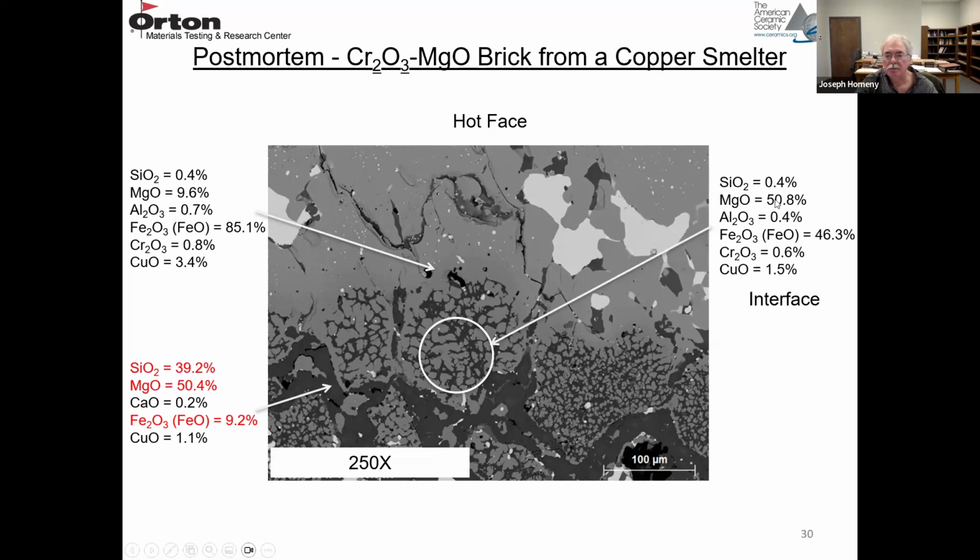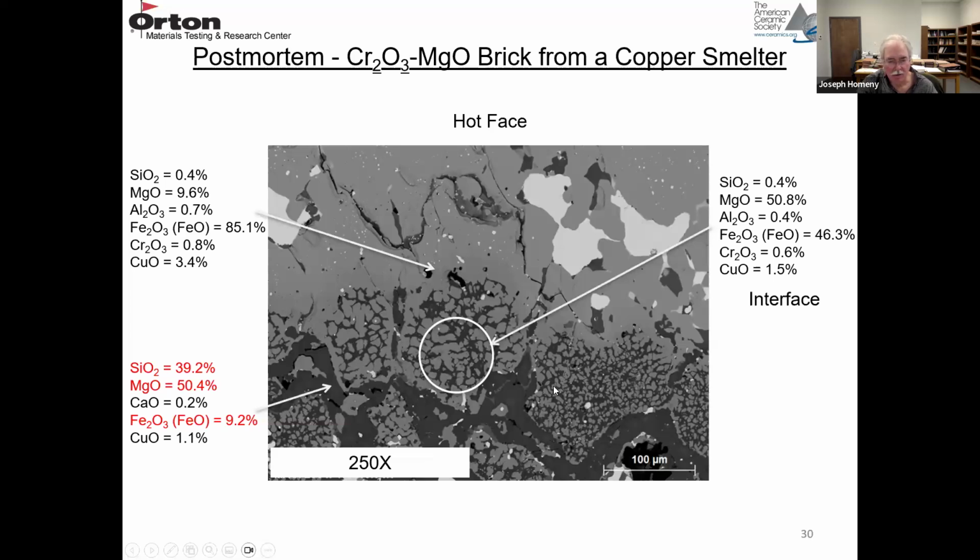The interface is high in MgO and the iron oxides. And then the slag is high in the two forms of Fe, and there's some magnesium dissolved in it.